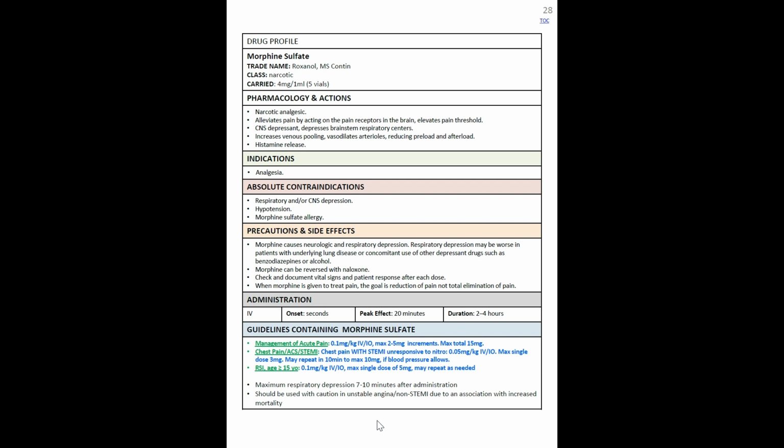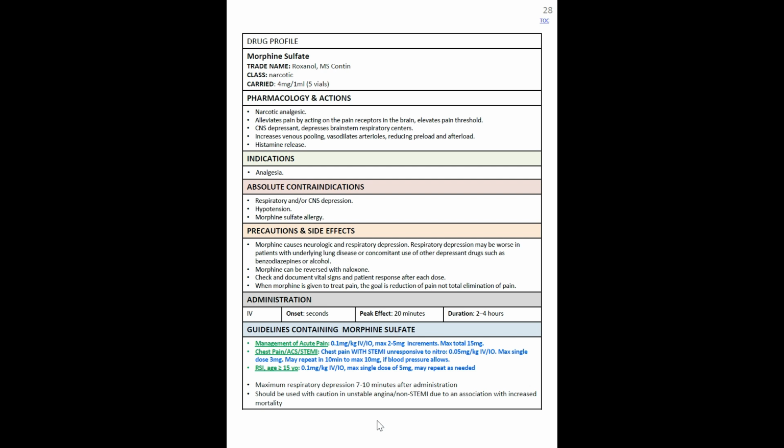So that is why hypotension is a contraindication in giving morphine. We want to be cognizant of that, and we should elect maybe a different drug that does not release histamine, like fentanyl, which would be a more appropriate choice in those settings.